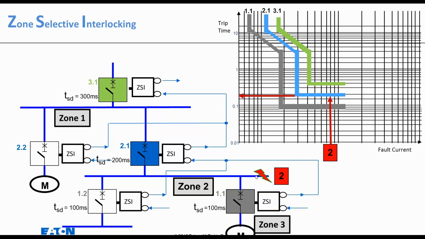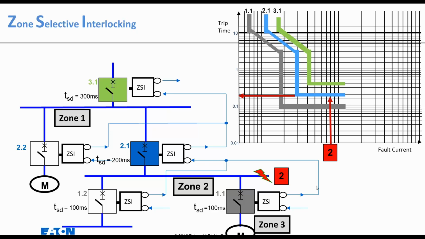Now, here I have a fault that occurs in position 2, which is zone 2. This breaker sees the fault current flowing into that fault and sends out a zone selective interlock signal to the 3.1 green breaker. It says, I see that fault and don't trip, I'm going to take it out.